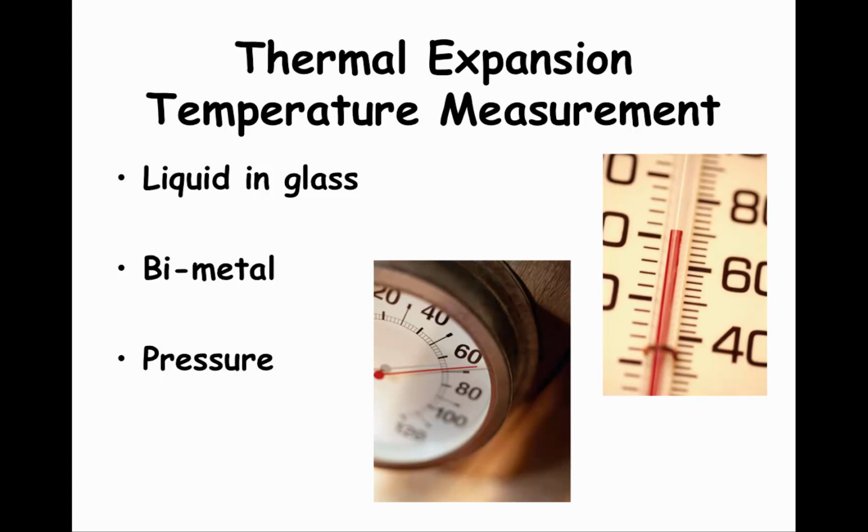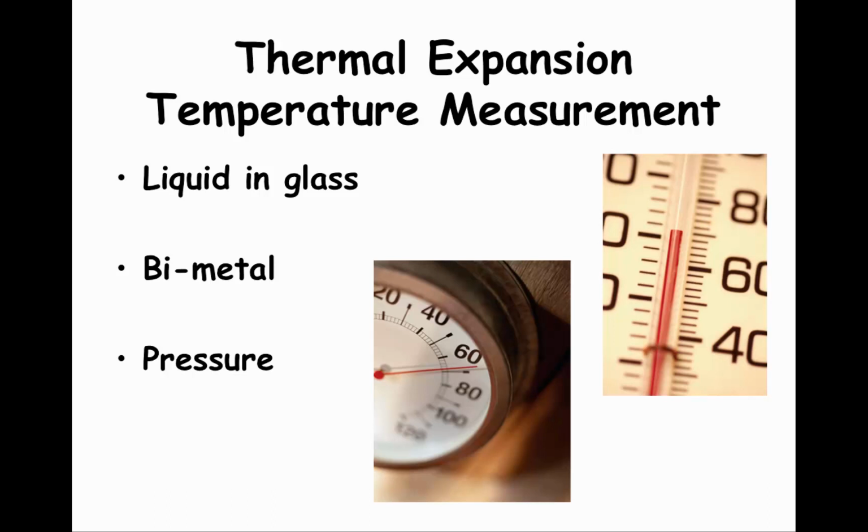Bimetal temperature sensors are generally quite rugged, but they tend to be less accurate than many of the other types of temperature sensors. The principle of operation is based on two metals with different thermal coefficients of expansion connected in a way that a pointer on a dial indicates the temperature.